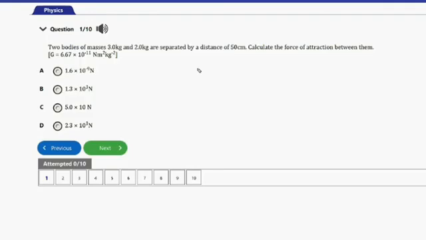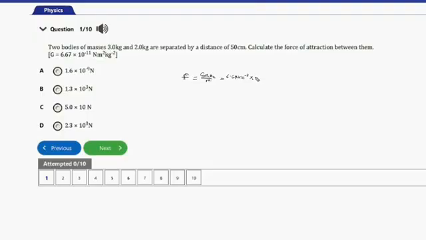So the gravitational force here can be calculated as F is equal to G times M1 times M2 over R squared. The G is already given here as a constant, 6.67 times 10 to the power of negative 11.